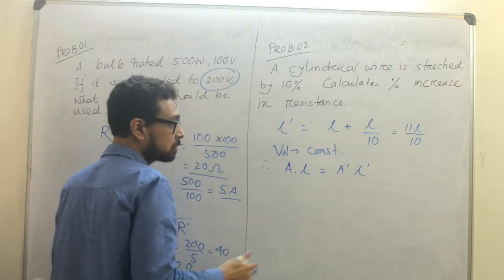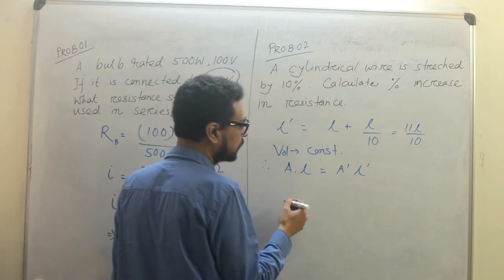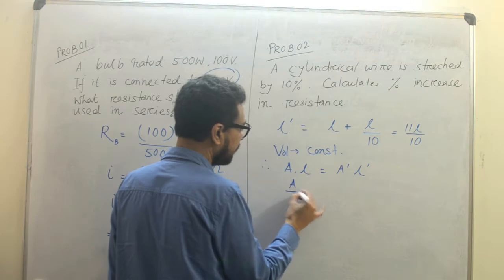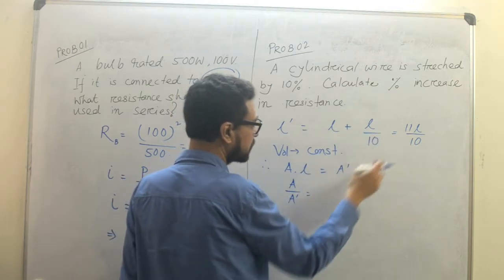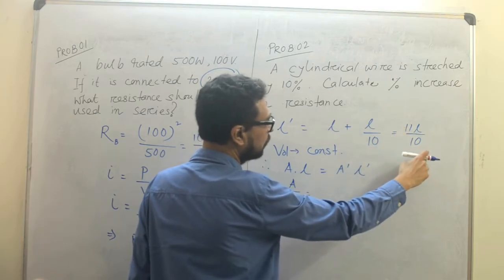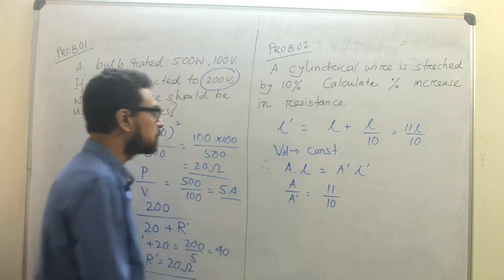From here we can have a ratio A by A dash equal to L dash by L, and you can see L dash by L will be 11 by 10 only. So this we have.